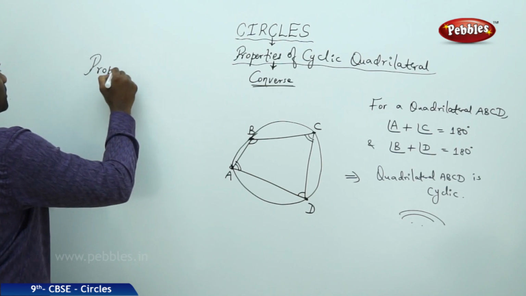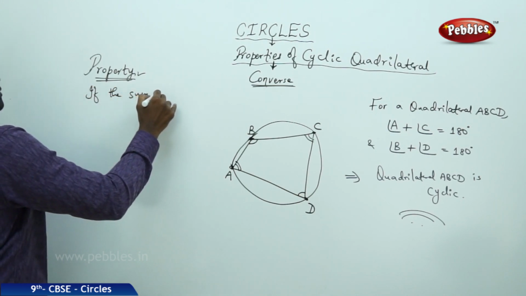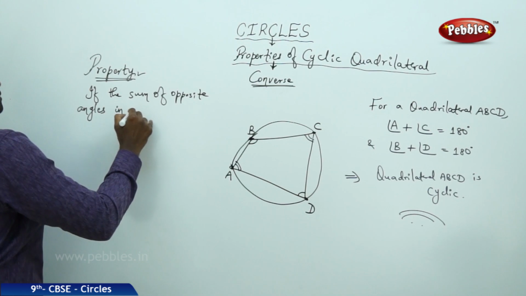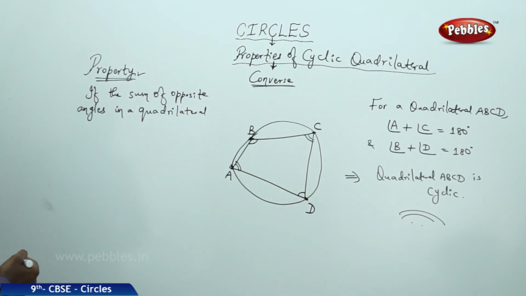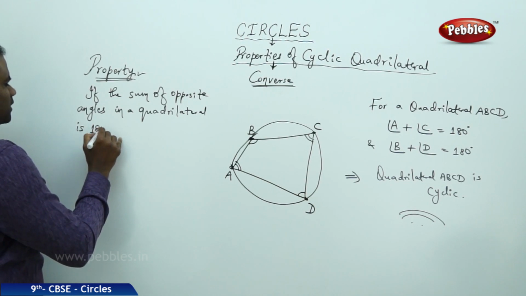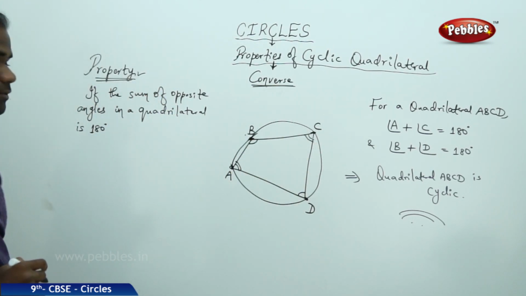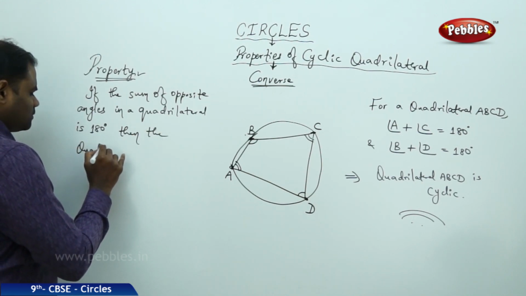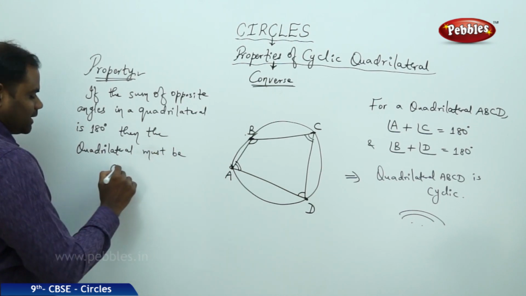In a general sense, my property says if the sum of opposite angles in a quadrilateral is 180 degrees, with A and C being opposite and B and D being opposite angles of a quadrilateral, then the quadrilateral must be cyclic.